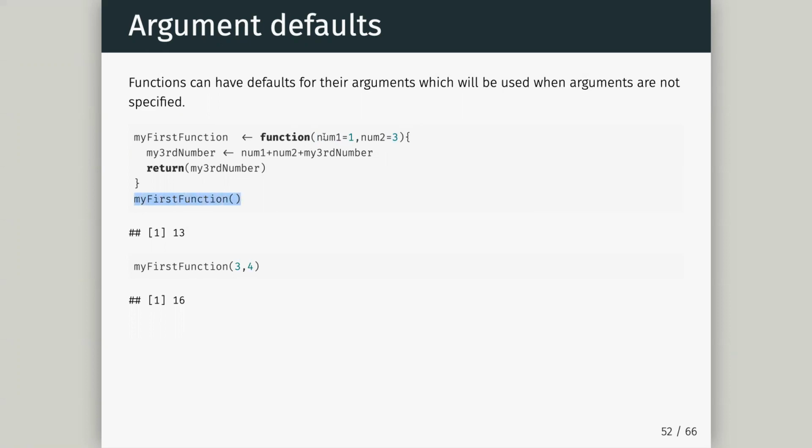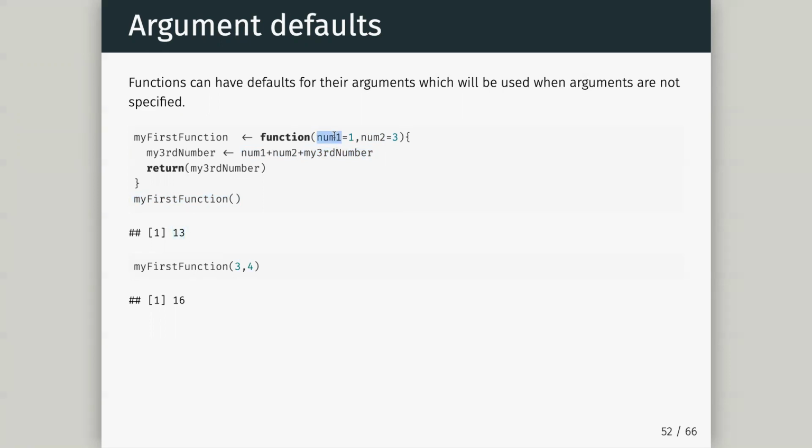It will just take the default value for num1 or num2, which here is 1, here is 3. And when we run my function, it's going to do num1 plus num2 plus whatever my third number was at the time, and it will return that value.